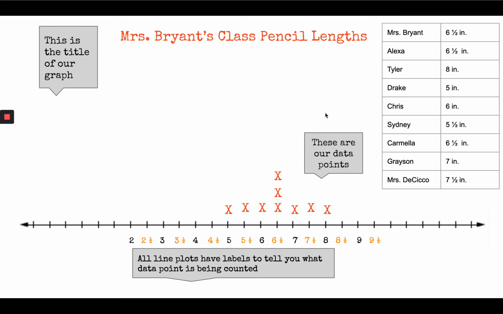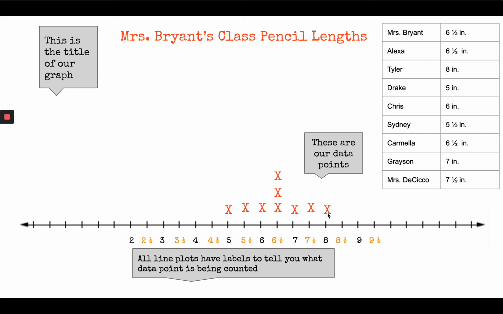Okay, and then I have my data points. So take a look at what I did. I have mine, Mrs. Bryant, 6.5. So I went ahead and I put an X at 6.5. Alexa was also 6.5. I put another X on top of there. This is mine. This is Alexa's. I had Tyler with an 8-inch pencil.